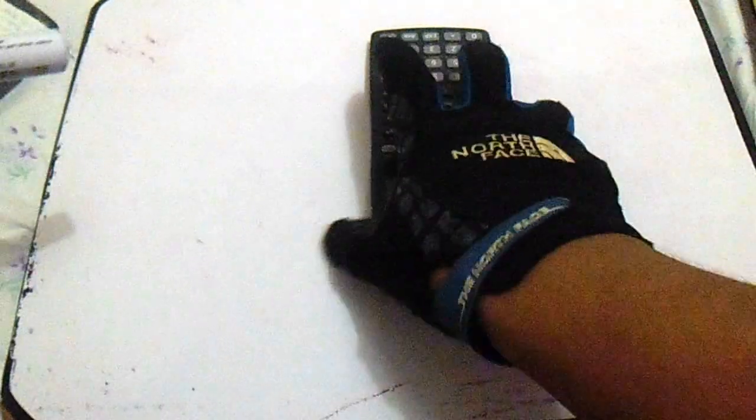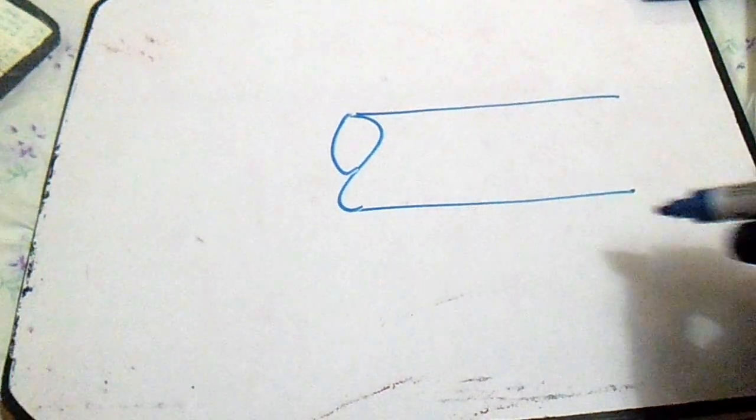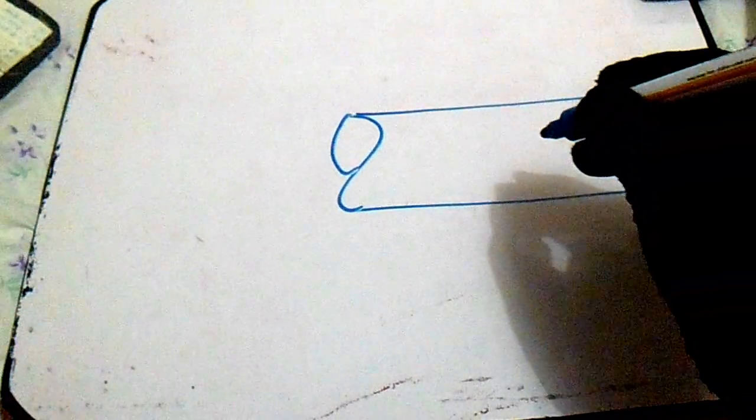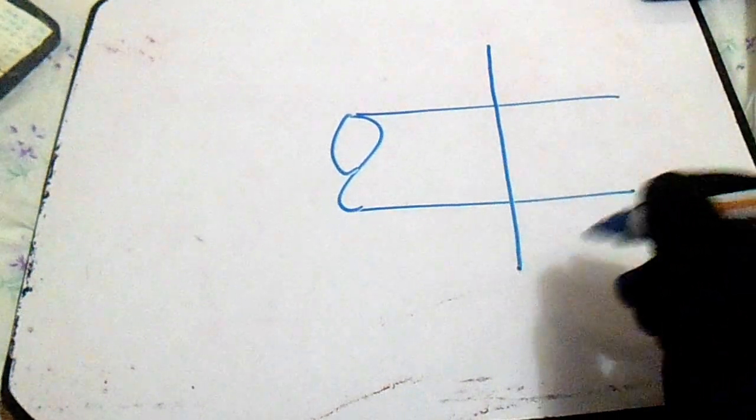So the topic for today is about miter cuts. I will draw two lines, and this is a 5. Okay. We have a line here.